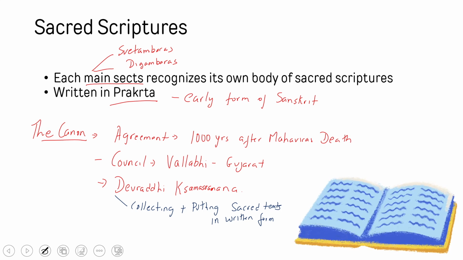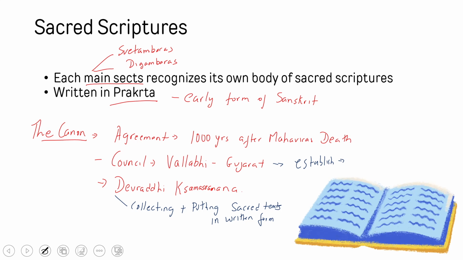If we take a look at this council that happened in Vallabhi, Gujarat, this was a time when Jainism was beginning to establish itself more firmly in the Indian subcontinent.